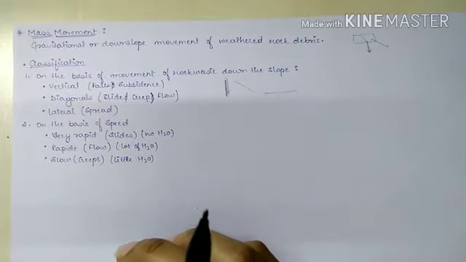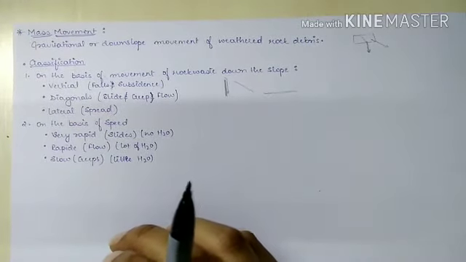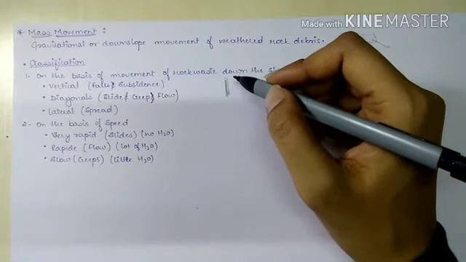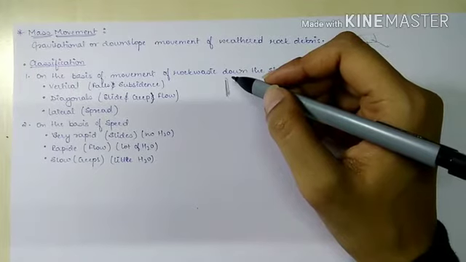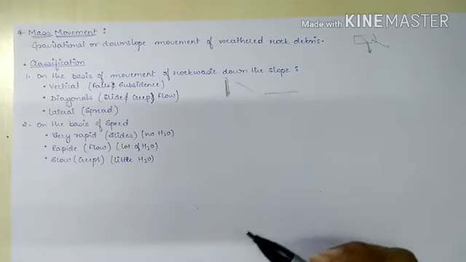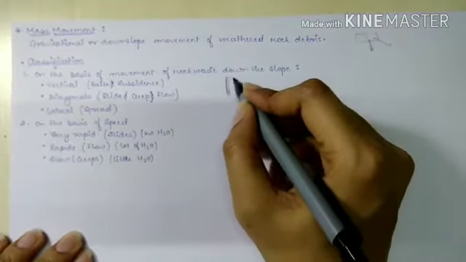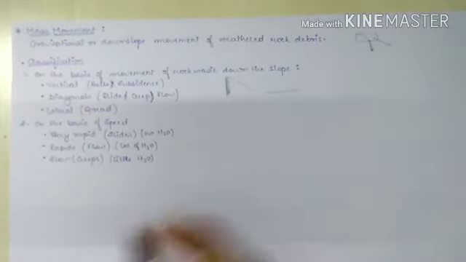Now in falls, we will see that there are three types of fall. First is rock fall, that is a smaller landslide, so a smaller part is moved downwards. Next is debris fall.